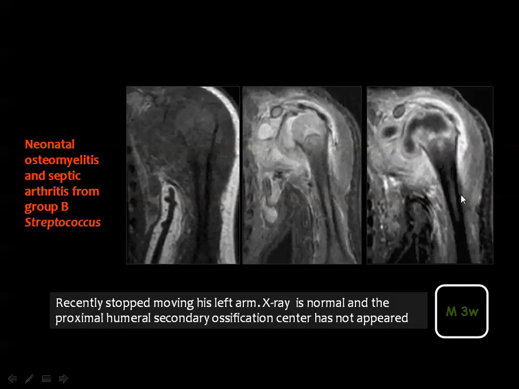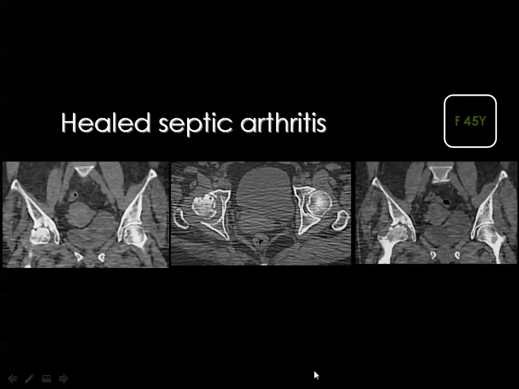These two images may be mistaken for a tumor, for example, but whenever you inject contrast media and you get this very particular appearance of fluid collection with marginal enhancement, then you know that this is an inflammatory process.